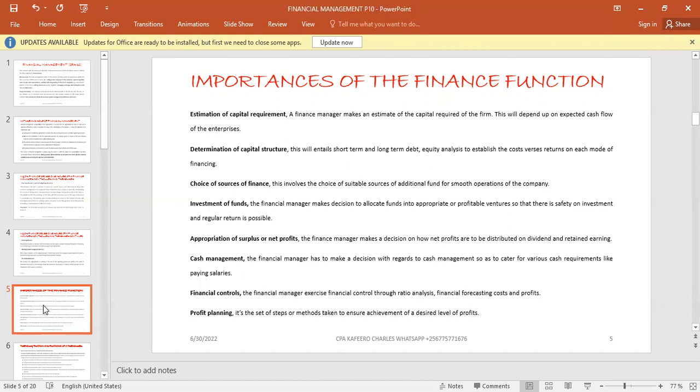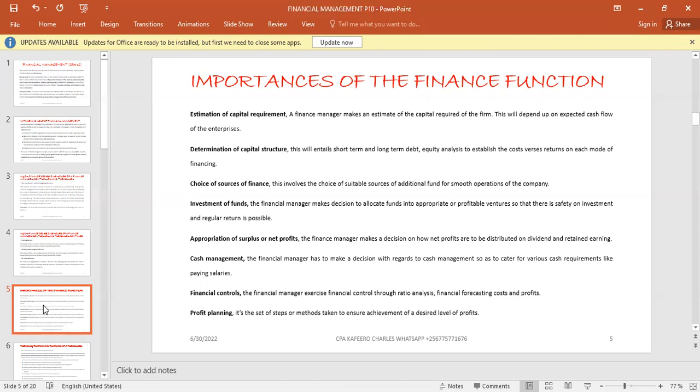What will be coming in and what will be going out. We expect that if you are going to be spending more money, then we may need more money, so we shall be able to get more capital so that we can make sure that the operations are running smoothly.